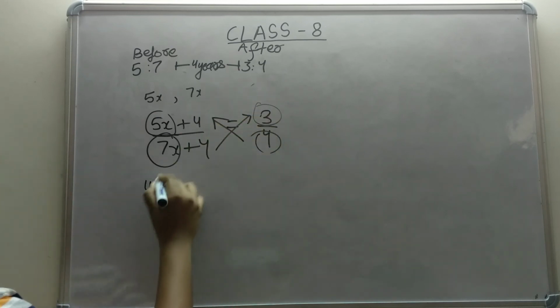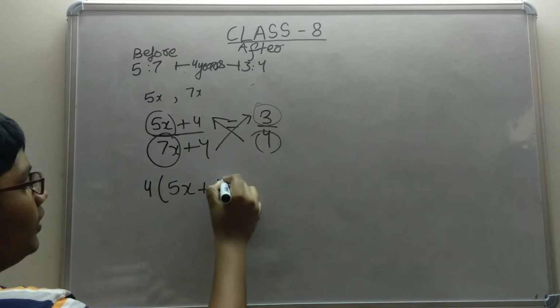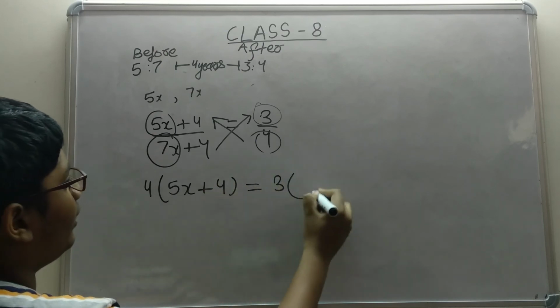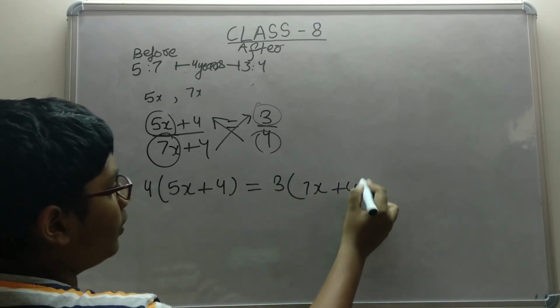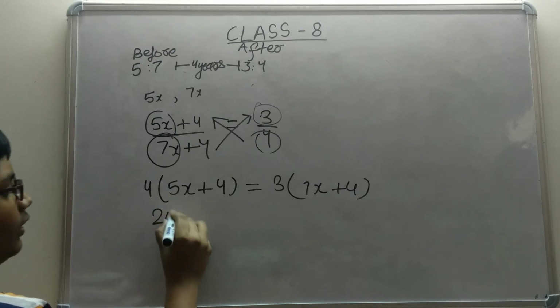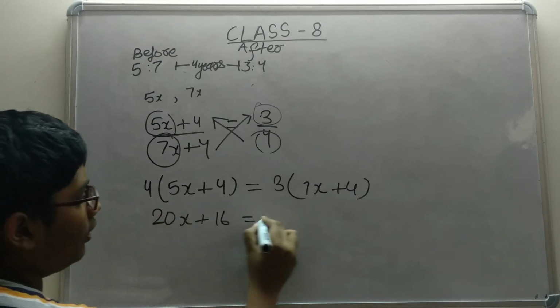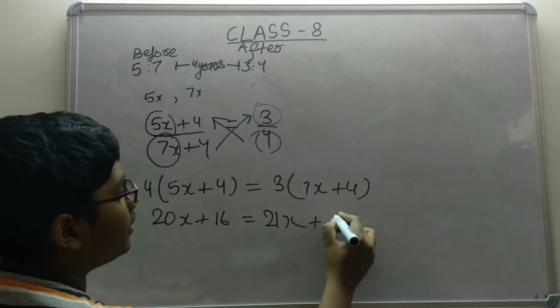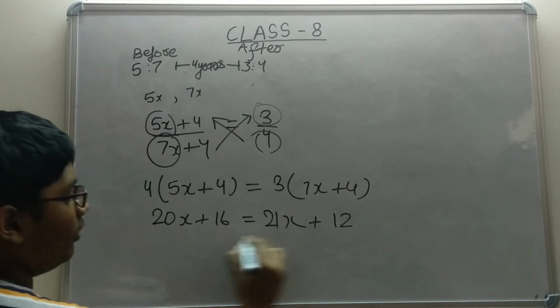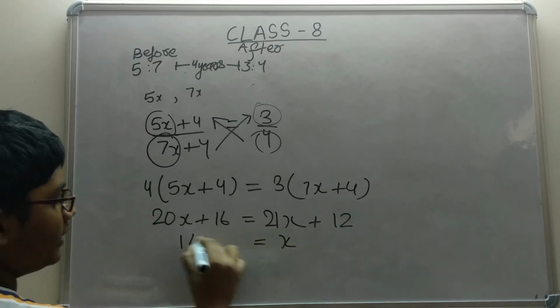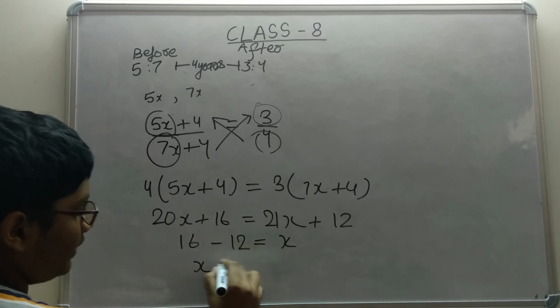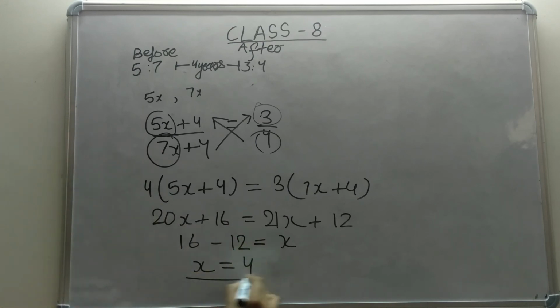So 4 into (5x plus 4) is equal to 3 into (7x plus 4). 20x plus 16 equals 21x plus 12. Now x is equal to 16 minus 12. x is equal to 4. We got x as 4.